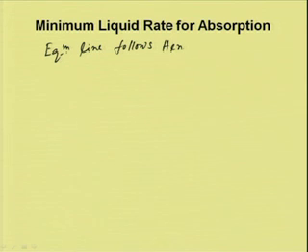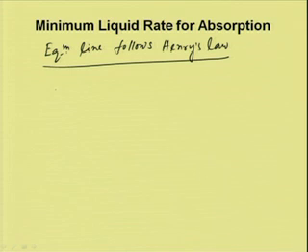In this connection, we will discuss in more detail the nature of the curve and the equilibrium relationship. Suppose the equilibrium line follows Henry's law, in that case y is equal to m x.